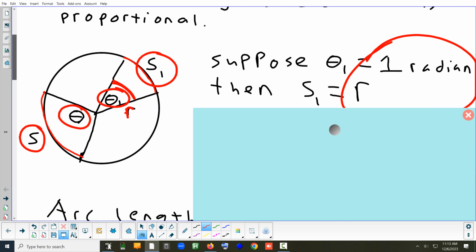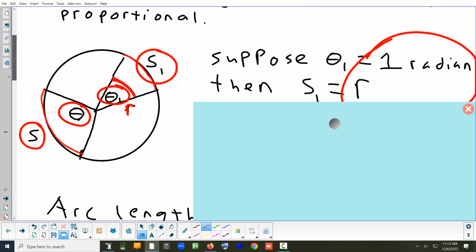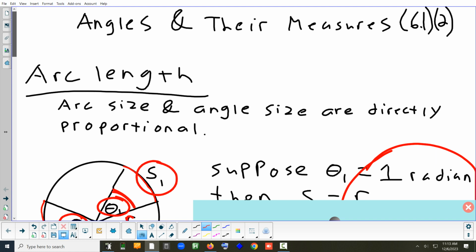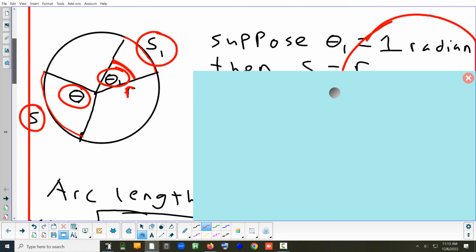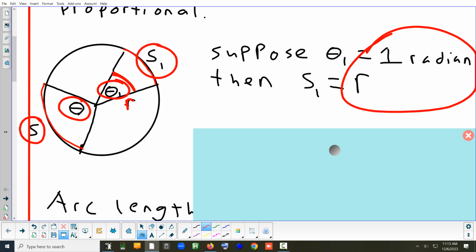So now let's set up a proportion. Can somebody set up a proportion for me using the 4 things that are circled? Yep. Just theta 1. Yep.